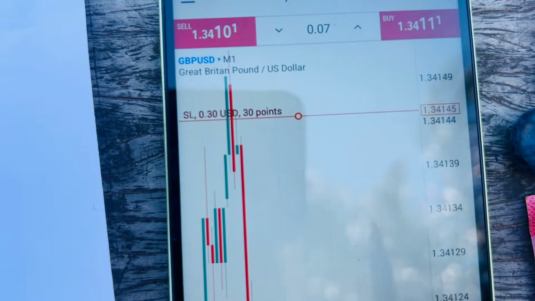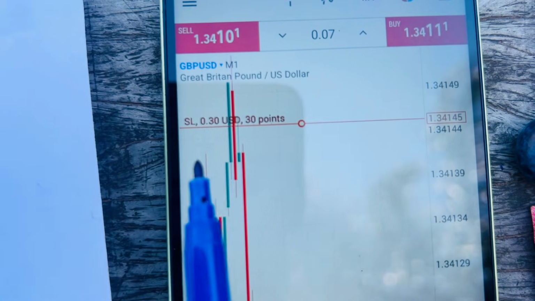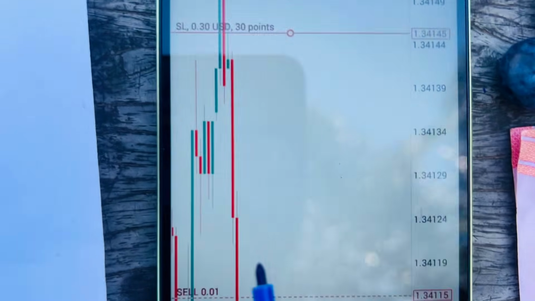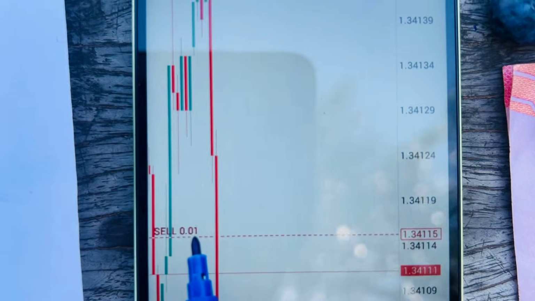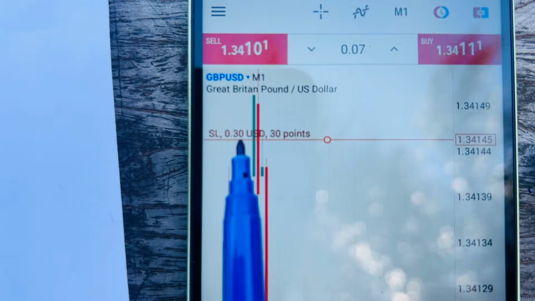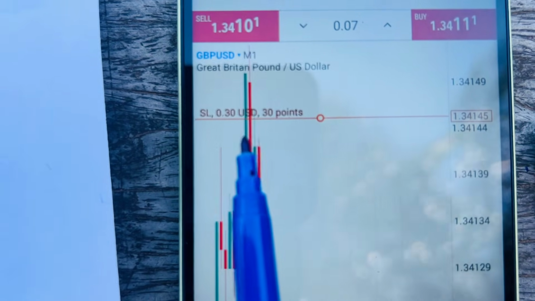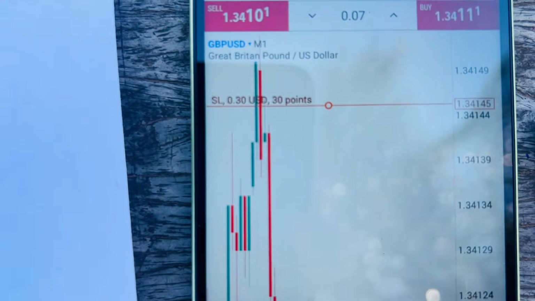Now you get a clear understanding: since I made a sell of 0.01, I'm risking 30 points, and the risk is $0.30.